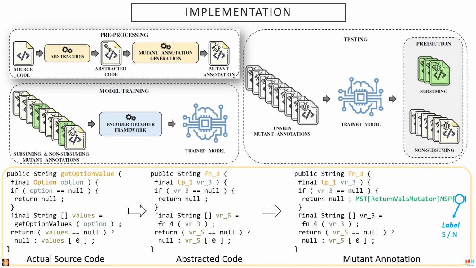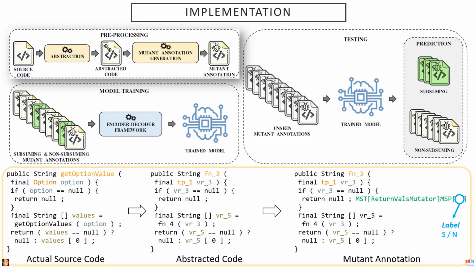Well, transformers have been used in machine translation, for example, translating English to any other language or vice versa. They work on text or space separated tokens. Hence, we pre-processed our code mutants accordingly.